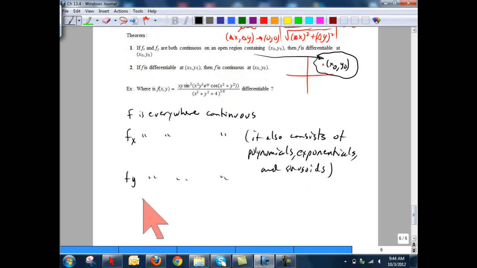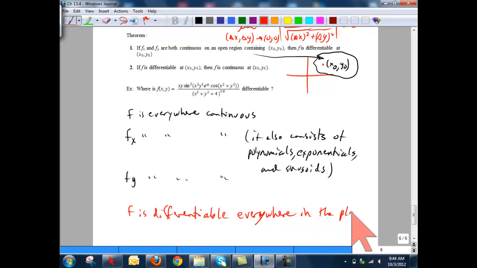And so the answer to the question, without really doing any computation, is that f is differentiable everywhere in the plane. And its graph will be smooth everywhere in the plane.